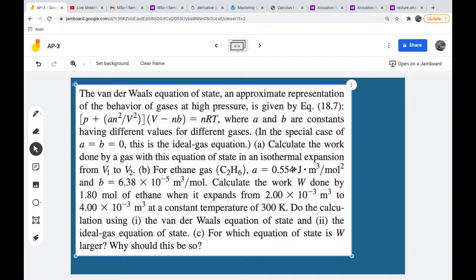Van der Waals equation of state, an approximate representation of behavior of gases at high pressure, is given by this equation: (P + a n^2/V^2)(V - nb) = nRT, where n is the number of moles and a and b are constants whose values differ for different gases. If you put a and b equal to 0, then this will reduce to the ideal gas equation.